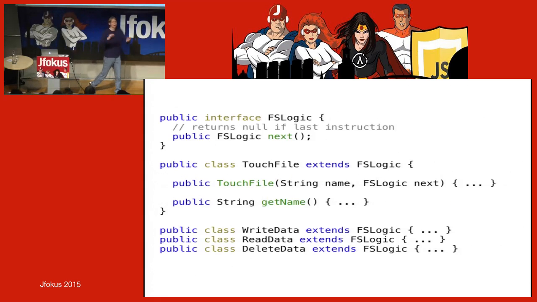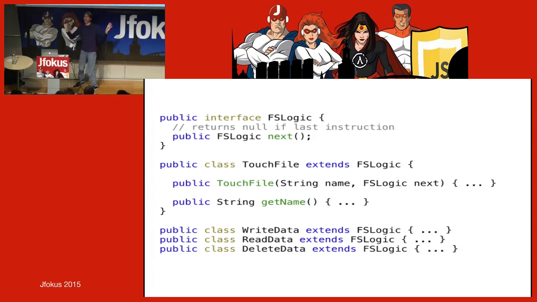It's going to be stuff like, well, we have the ability to touch a file and make sure it's created. We have the ability to read data, write data, delete files, just simple stuff. It's really trivial to do this sort of thing. And the key thing being that every FS logic has the ability to get the next FS logic in the chain, right? So it's kind of like a linked list, where you can represent this in many ways.